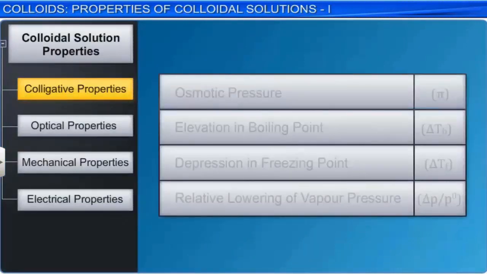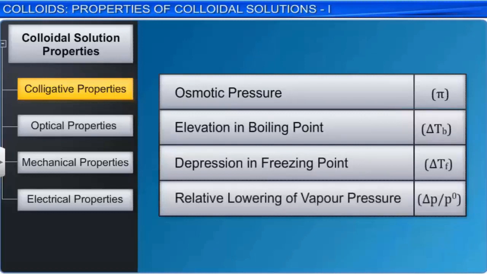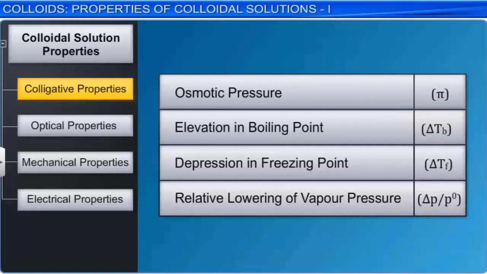Colloidal solutions exhibit the colligative properties osmotic pressure, elevation in boiling point, depression in freezing point, and relative lowering of vapor pressure, in the same way as true solutions do. However, the magnitudes of these properties for colloidal solutions are much smaller than those obtained for true solutions, and thus it becomes very difficult to measure them accurately.